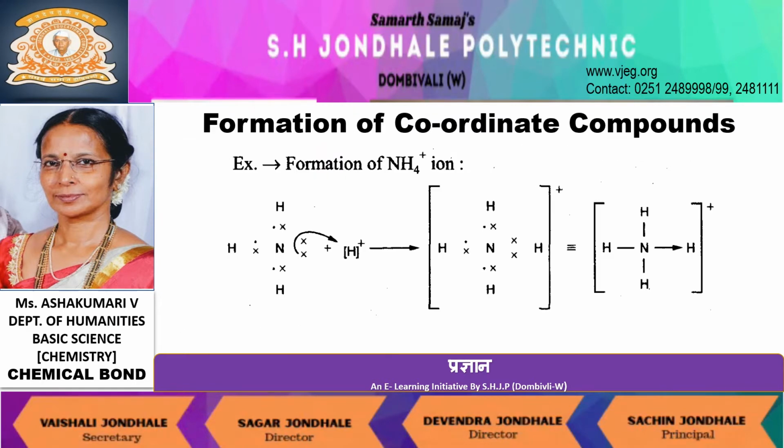Let us study the formation of the ammonium ion as an example for the formation of coordinate compounds. During the formation of the ammonium ion, the nitrogen atom donates the electron pair and is the donor.